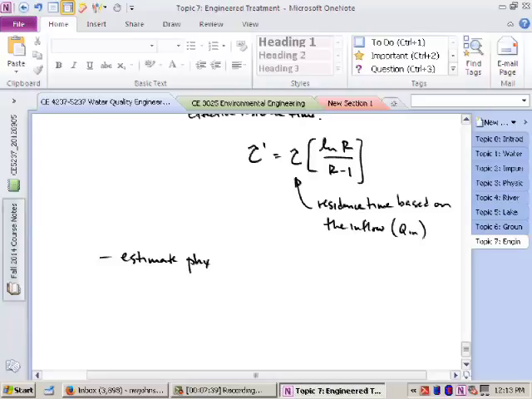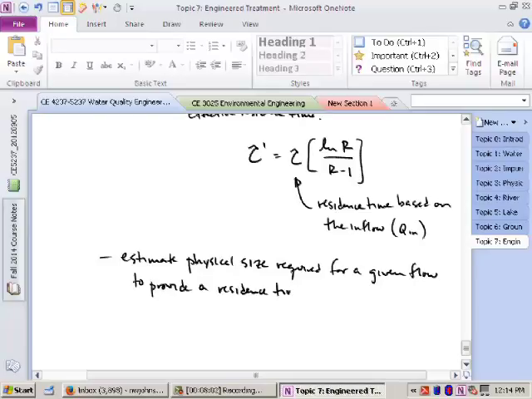the physical size required for a given flow to provide a residence time sufficient for a treatment process to remove a contaminant.